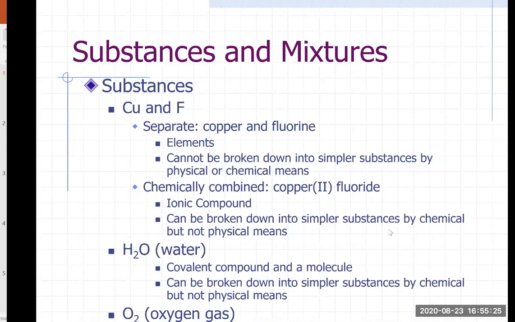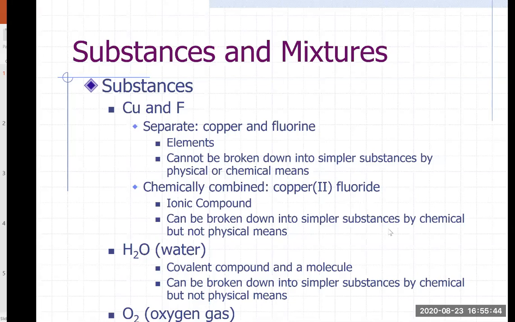While an element cannot be broken down into a simpler substance, either by physical or chemical means, but they are both pure substances. Water, another pure substance, H2O, is a covalent compound and a molecule.